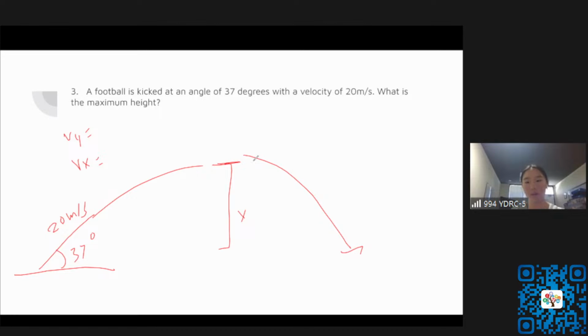Vy is the vertical component. I think I explained this to you yesterday, Vanessa. You can split this up like this, and their total sum would equal this. It's like a triangle.